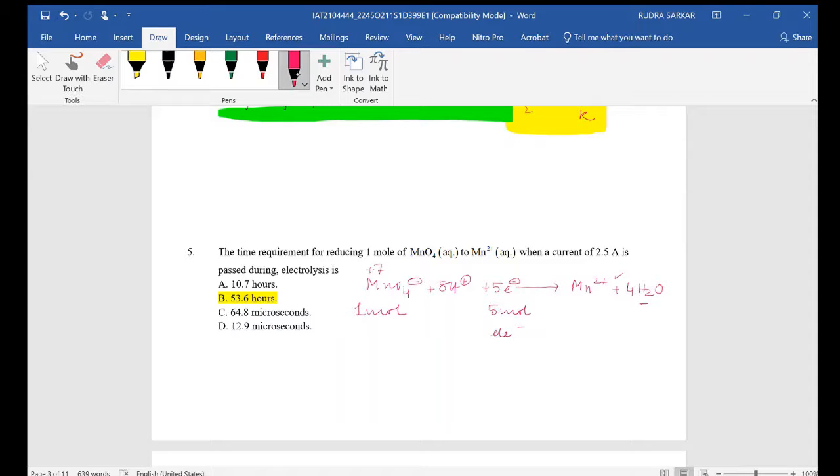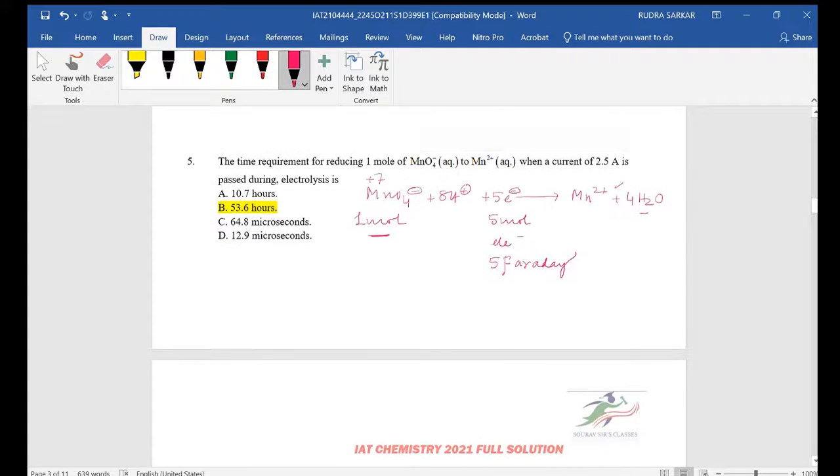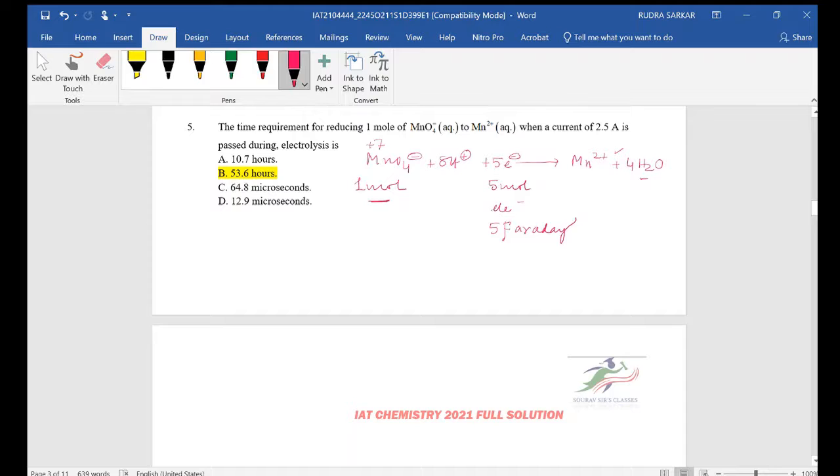So we will say basically for reduction of 1 mole of MnO4 minus, 5 Faraday of electricity is needed. Okay. Now 5 Faraday means what? 1 Faraday, we know in terms of coulombs, is 96500 C.